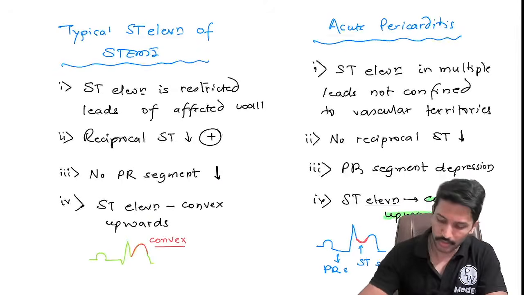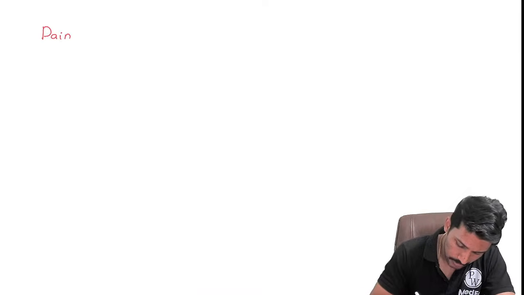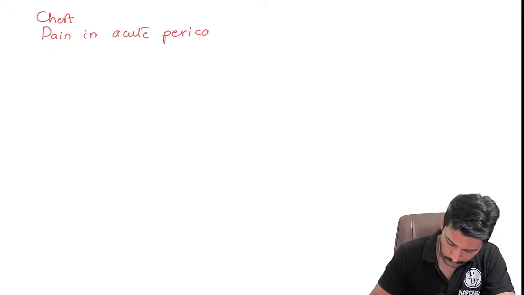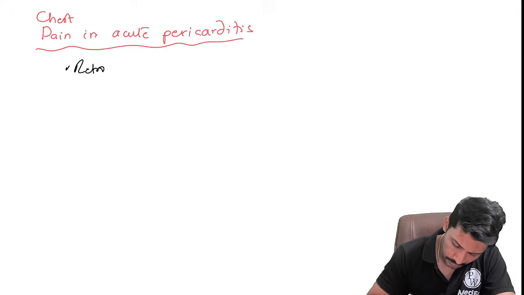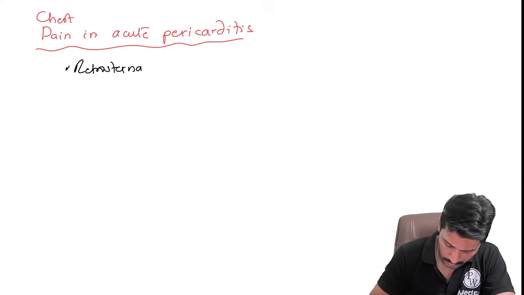So the pain of acute pericarditis, just a few more extra points. The chest pain in acute pericarditis: the MI pain was retrosternal, this is also retrosternal, meaning central to the chest.